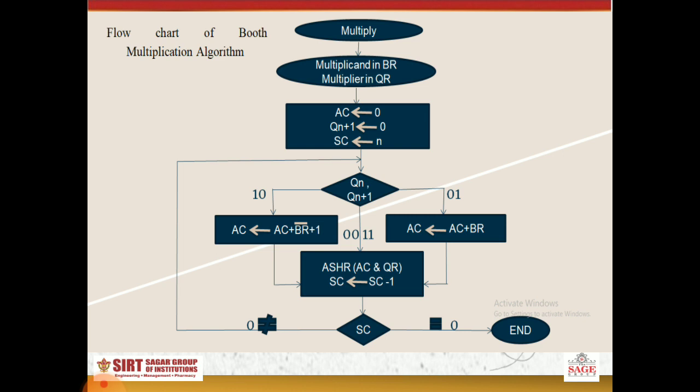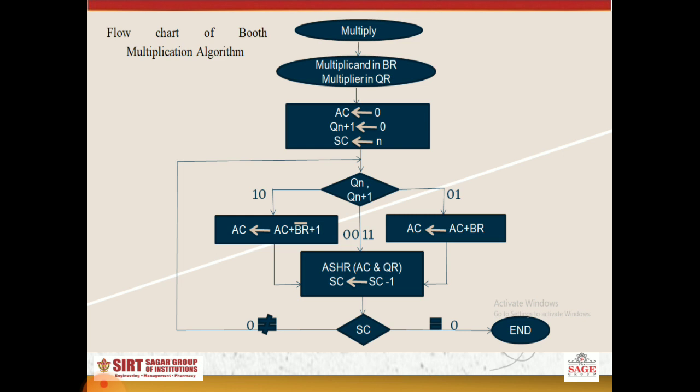After that, in all 4 cases including 0 0 and 1 1, we perform the arithmetic shift right operation on AC and QR, and SC is decremented by 1. After that, we check the value of SC. If SC is equal to 0, then end the process and our answer is in AC and QR.